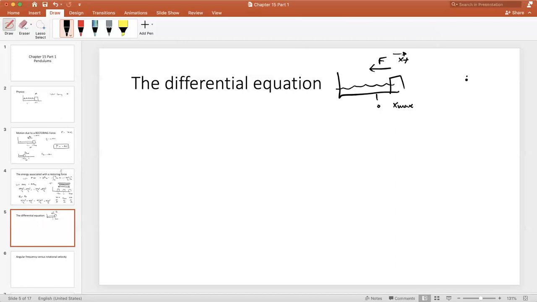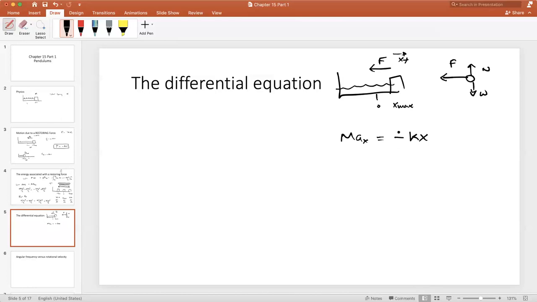If I draw my free body diagram, I have this force, and that's the only force acting. I could say that I have a normal and I have a weight. I don't really care about those, so I only care about this spring force. So ma_x is equal to minus kx. My spring force is in the negative direction. It's minus kx, right?